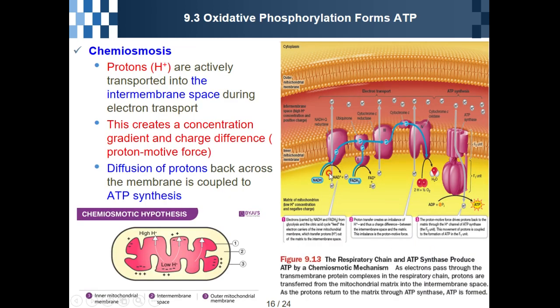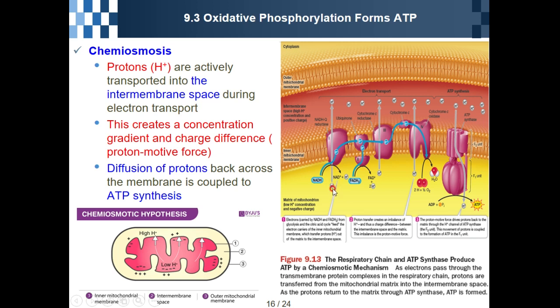So this is like this, starting from complex 1 and complex 2, complex 3, and complex 4. In complex 1, NADH is changed to NAD plus and H plus. H plus, we call it a proton.